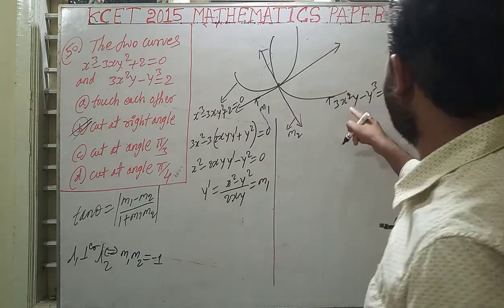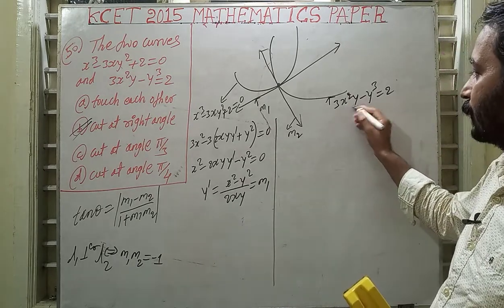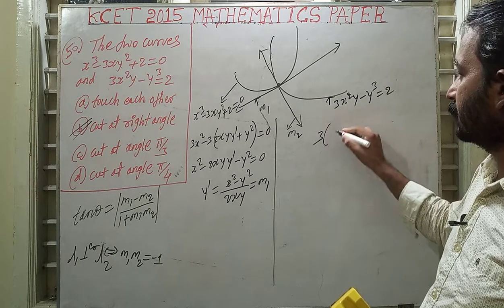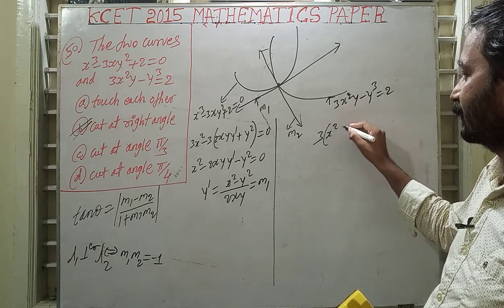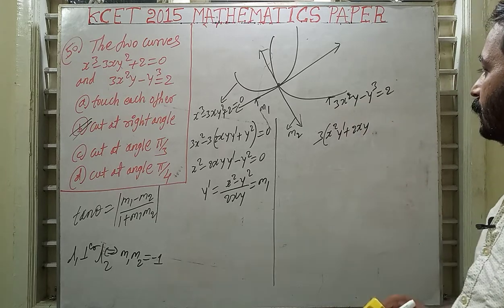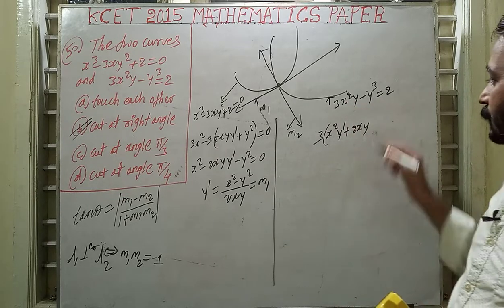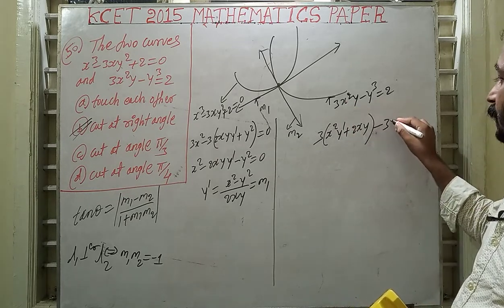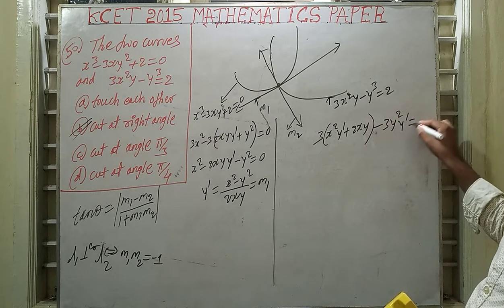Next we have to find M2, that is dy by dx. Here apply the product rule, 3 is constant. x square taken as constant, differentiation of y gives y dash, plus 2xy, with y constant, differentiation of x square is 2x, minus 3y square, again differentiating y gives y dash, is equal to 0.